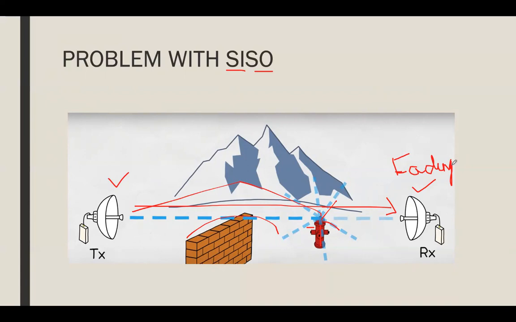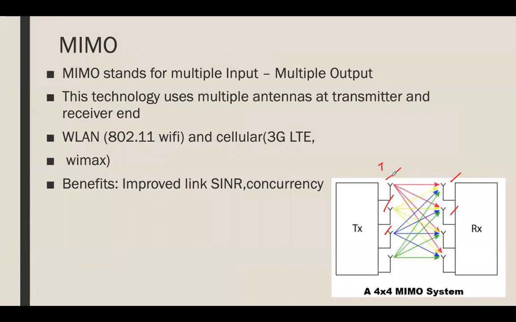Hence, in order to overcome this problem, we go for a MIMO system. In a MIMO system, there are several transmitting antennas. When these antennas transmit the same signal, the signal is received on the other side. At least one of the signals will be of good quality.